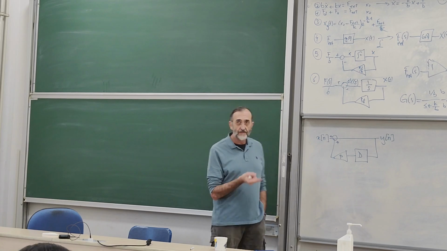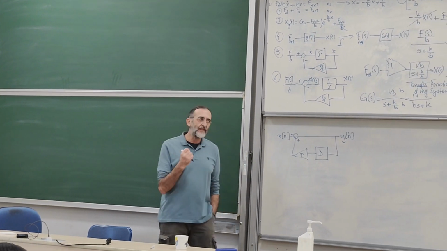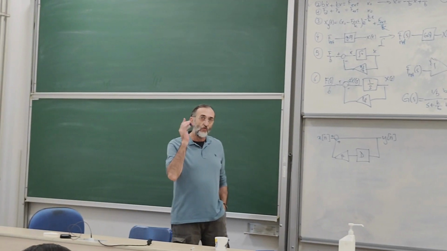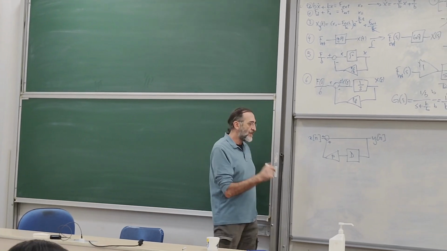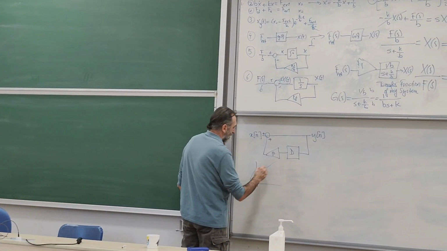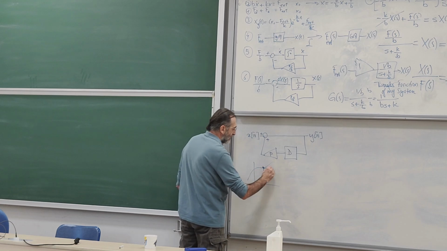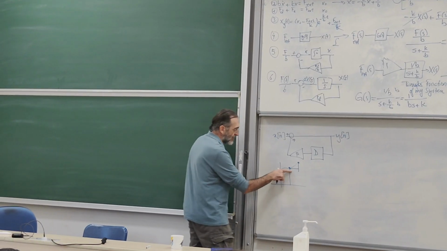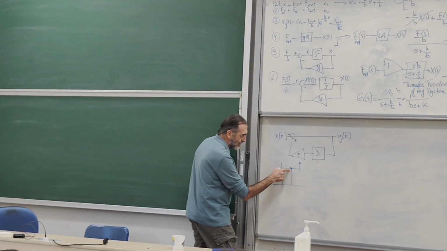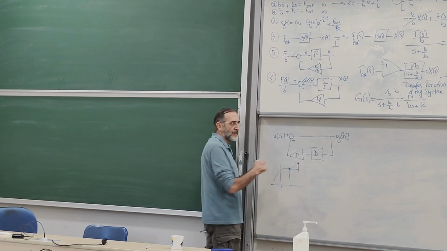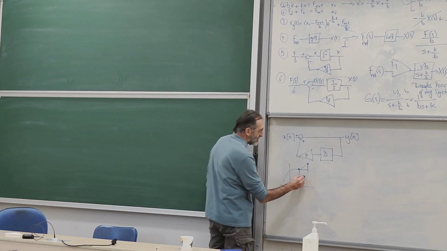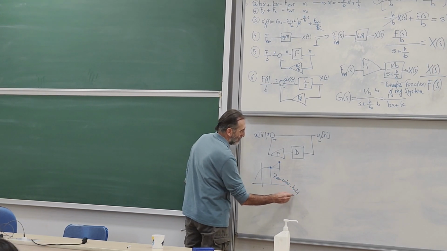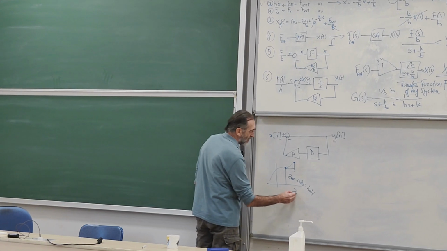So what does the delay box do? The delay box holds this information for one period. Now remember what the computer did. Took this information, held it one period, and then turned into this information. So this is what the hold means. I'm taking this, I'm holding it until the next time. That's called a zero order hold, or in math, ZOH.